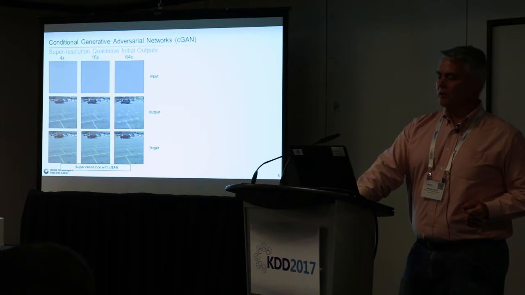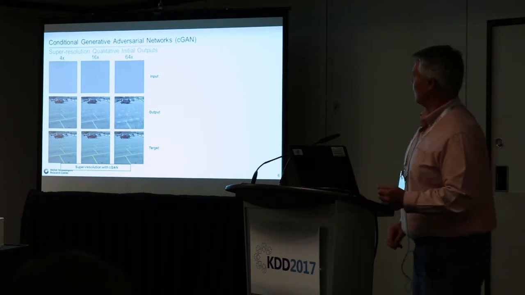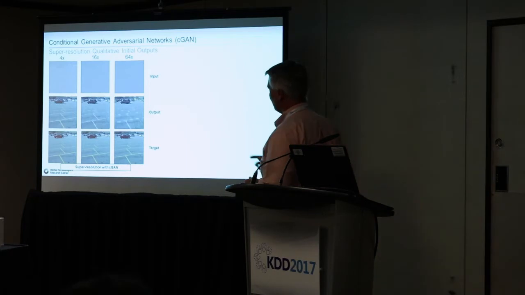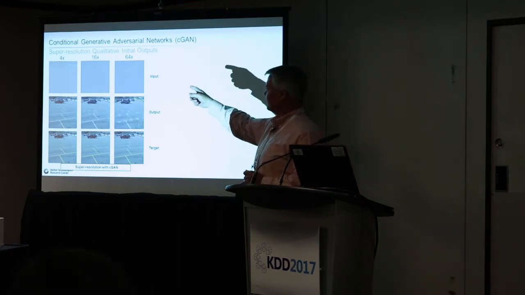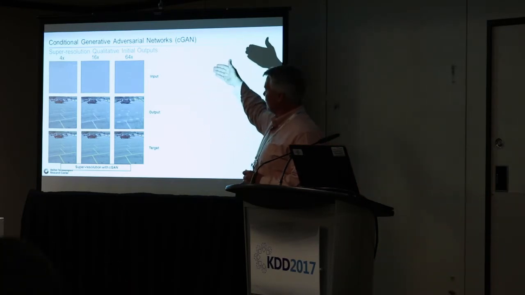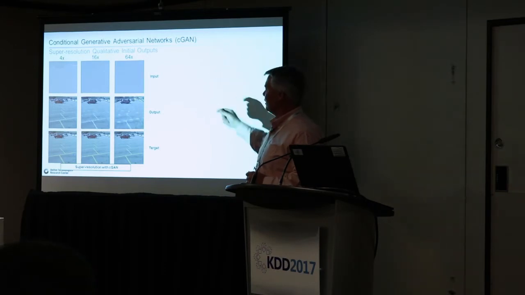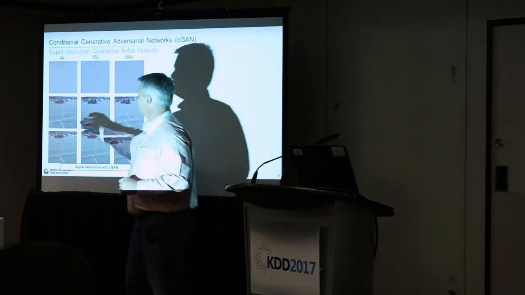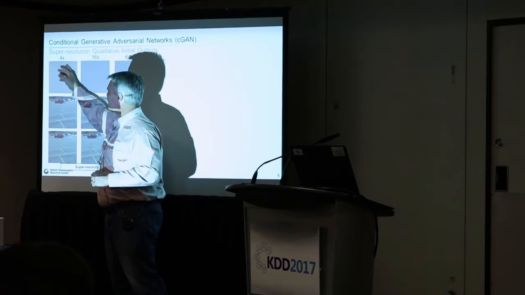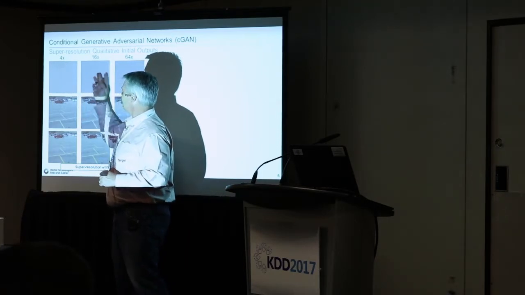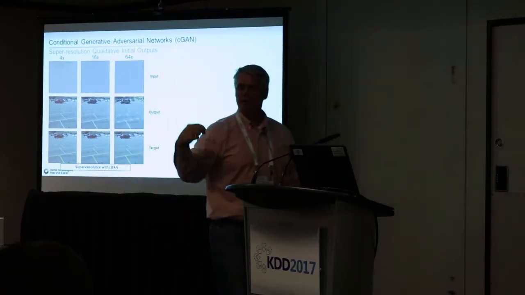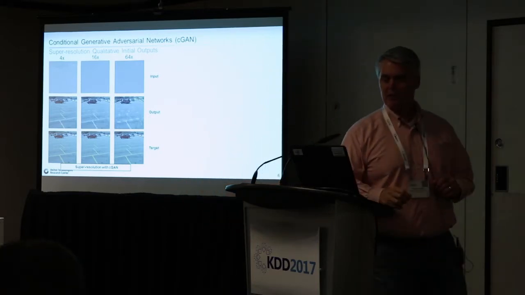So again, what we're looking at here are reconstructions at different resolutions across the top. Top row are the inputs. I think you can just barely see the car and the parking lot in this image, and then as you have fewer and fewer pixels, you get less and less.